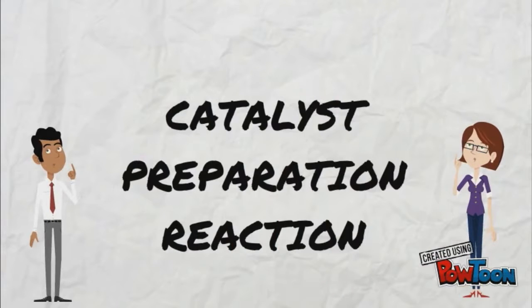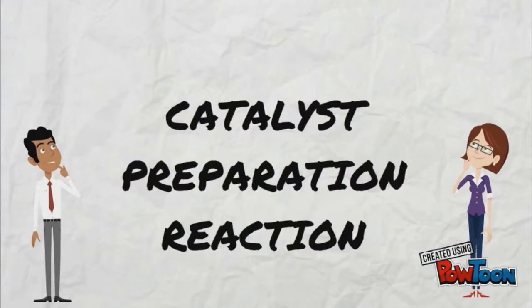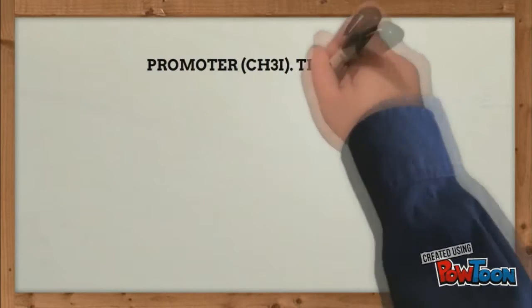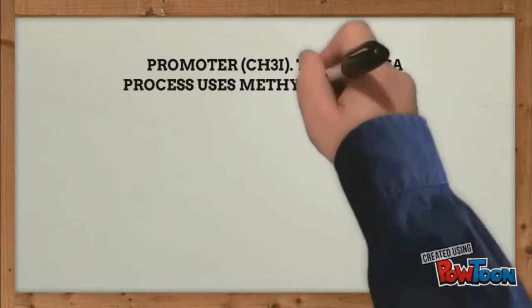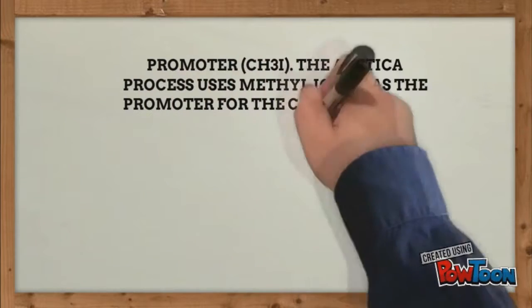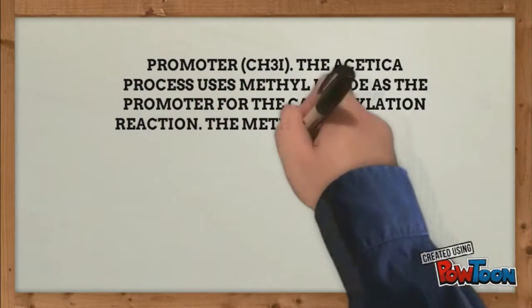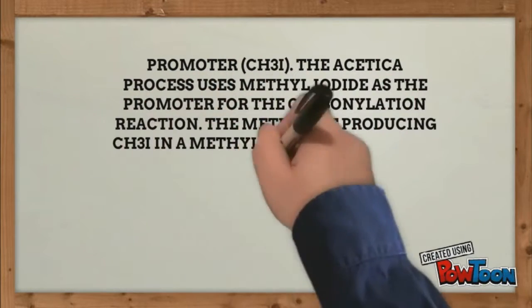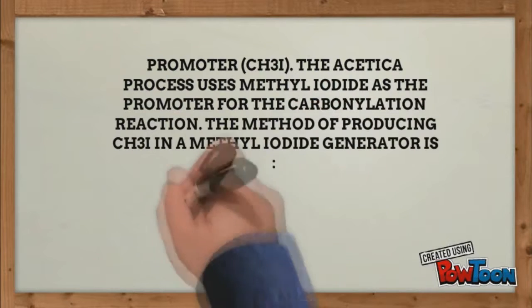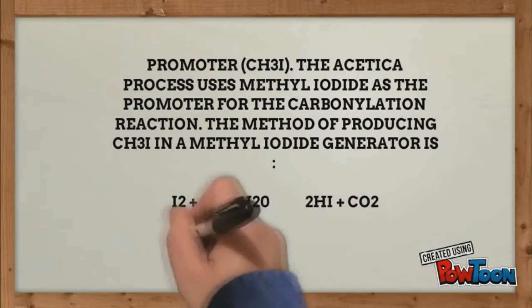Catalyst preparation reaction. Promoter CH3I: the Acetica process uses methyl iodide as the promoter for the carbonylation reaction. The method of production of CH3I is a methyl iodide generation as shown below.